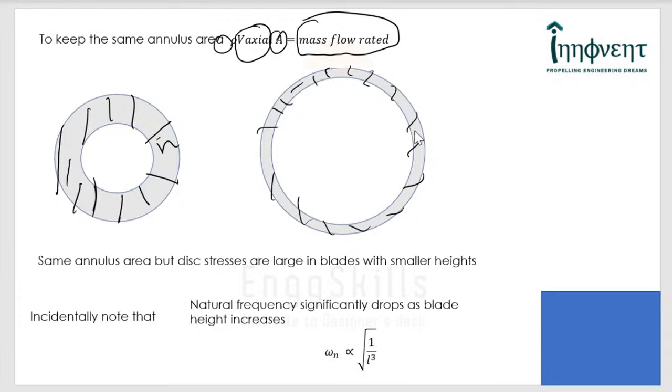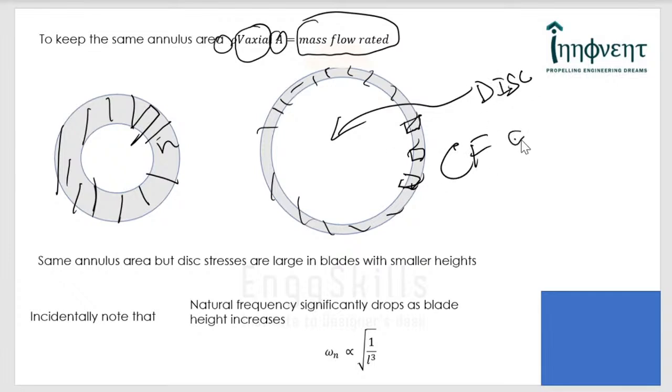That means I can have shallow blades, that is smaller blades. You can see smaller blades, but here my blades are larger, but this cannot work because you are making your disc much larger. And as the disc grows, what happens? The centrifugal loading becomes significant, and the disc is the sufferer. So this option also is not possible.